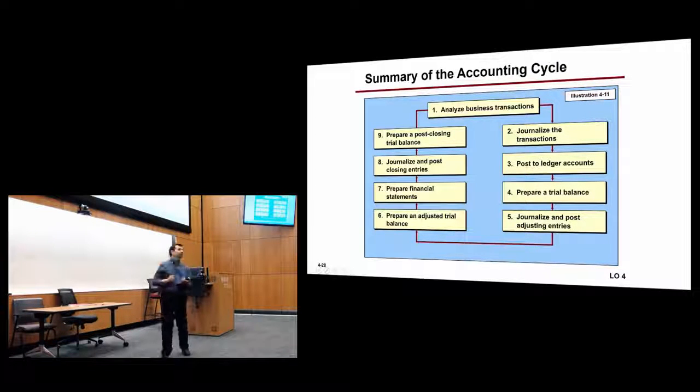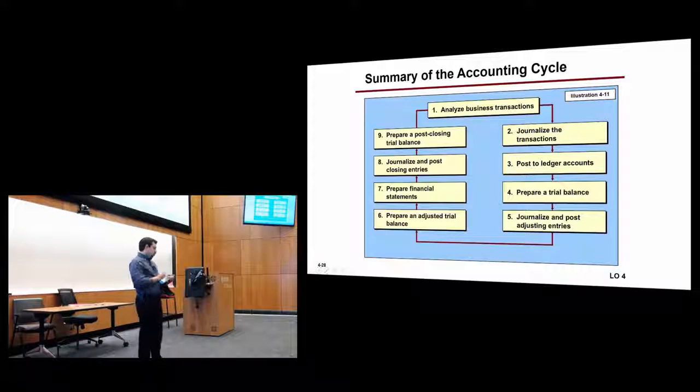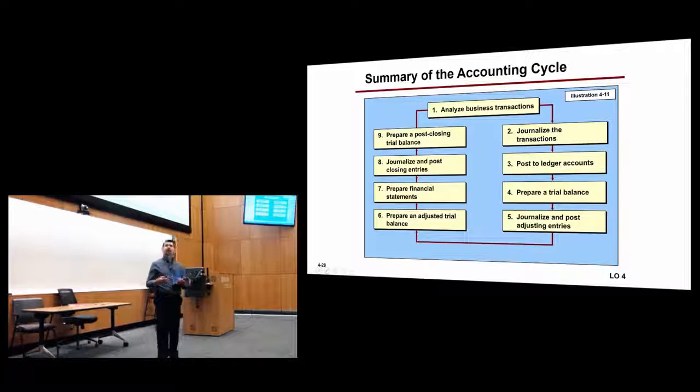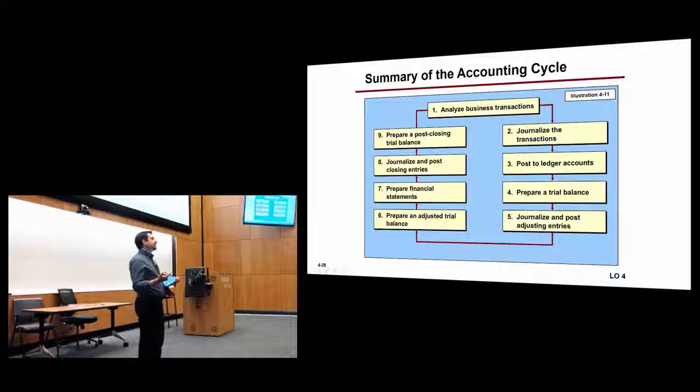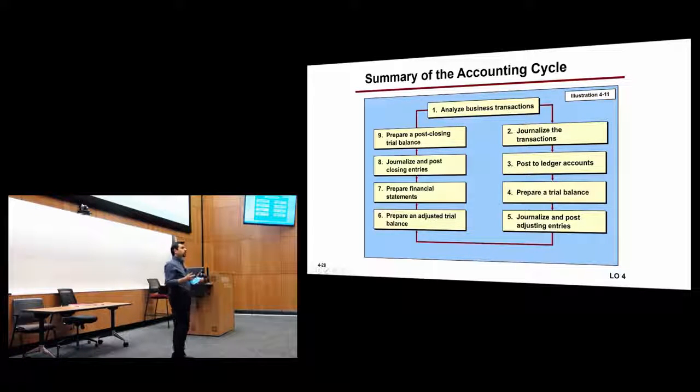This is a summary of the accounting cycle that we learned. We start always by analyzing the business transaction. This is the economic event, a purchase of equipment, paying salaries. So you analyze the business transaction, we journalize the transaction, and then we post it to the ledger. Those are steps that the companies might do on a daily basis.